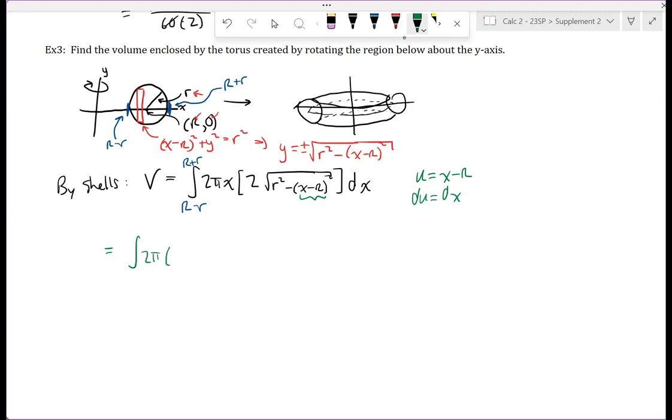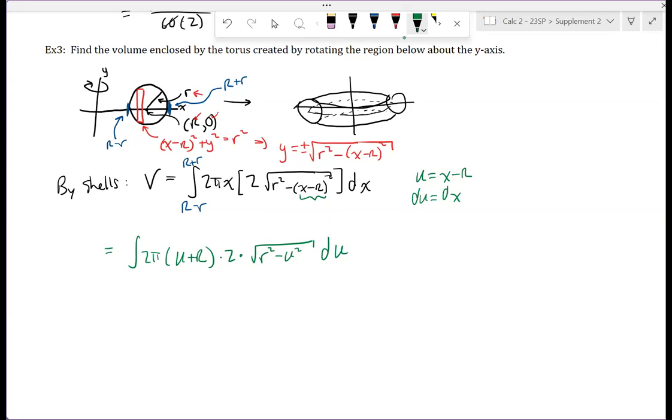So I have 2 pi. What's x? x is going to be u plus capital R. I have another 2. I have little r squared minus u squared now. dx is just du. And my bounds, where do they go from and to?